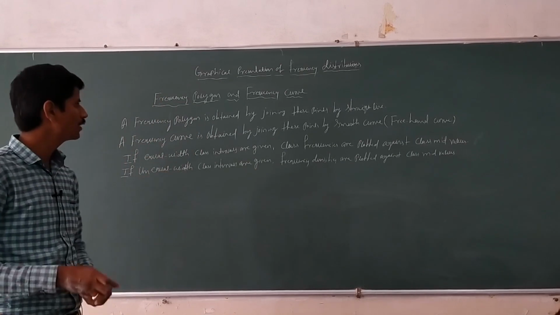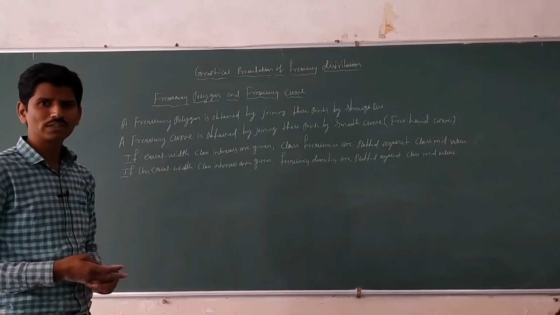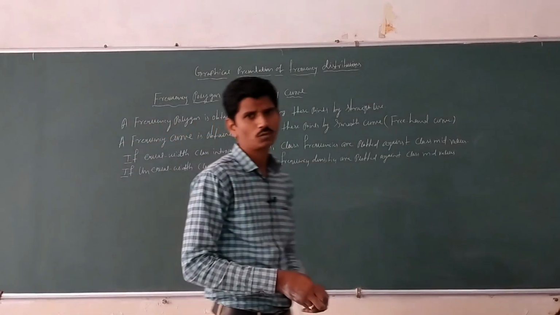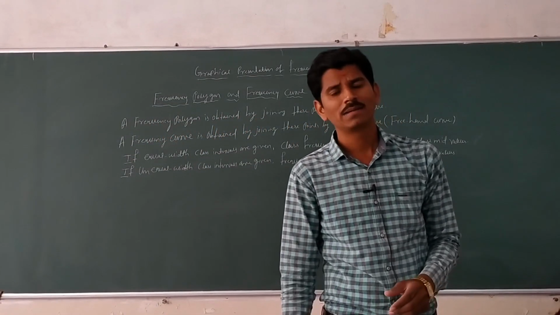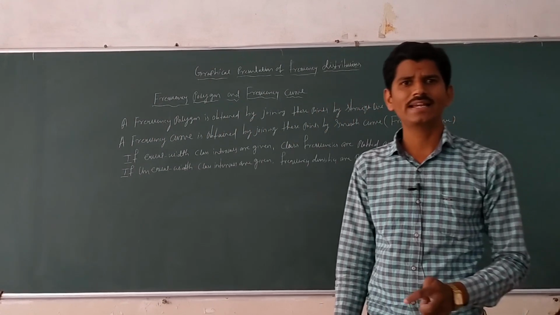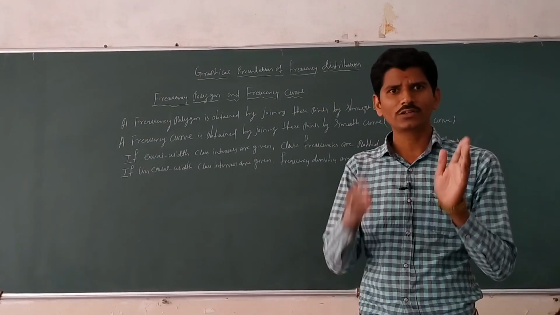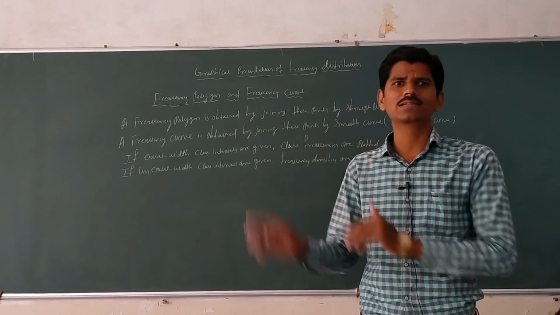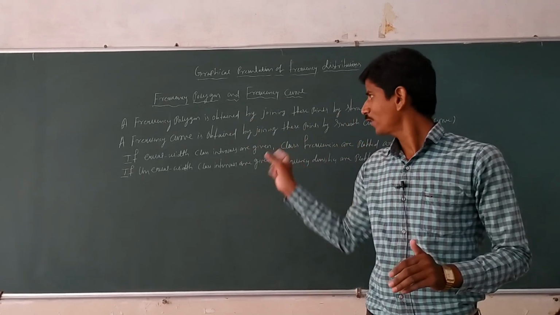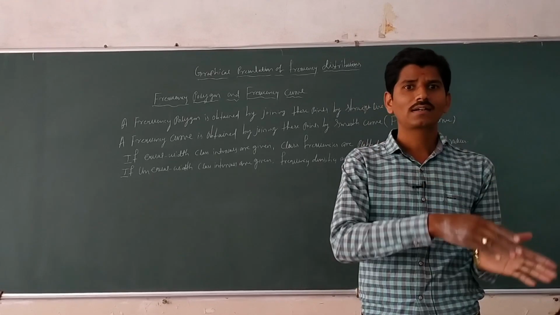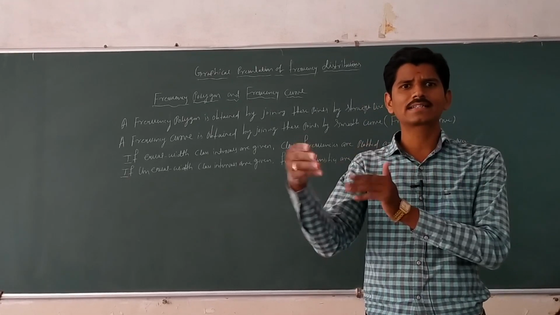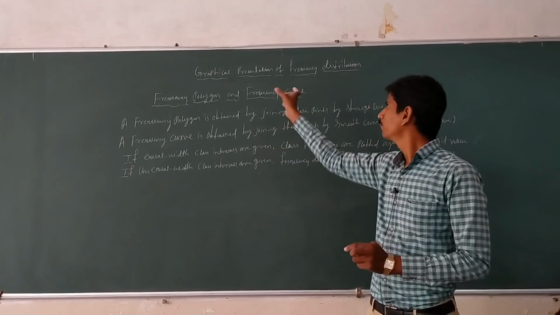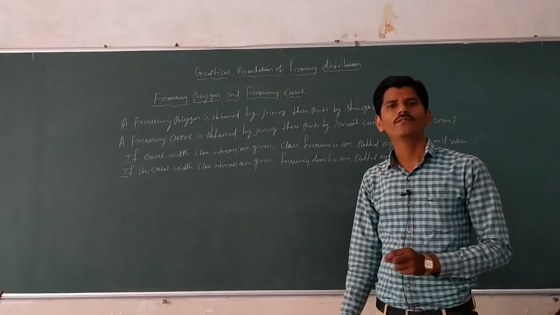A frequency curve is obtained by joining these points by a smooth curve, that is a free-hand curve. In both cases there are two conditions: if the class intervals are of equal width, class frequencies are plotted against the class mid values; if unequal widths are given, frequency densities are plotted against the class mid values. That is about the frequency polygon and frequency curve.